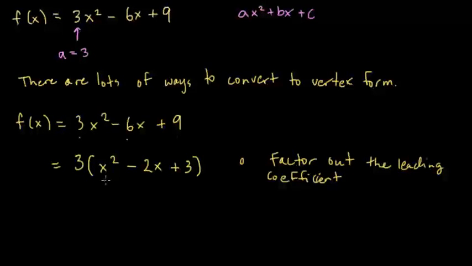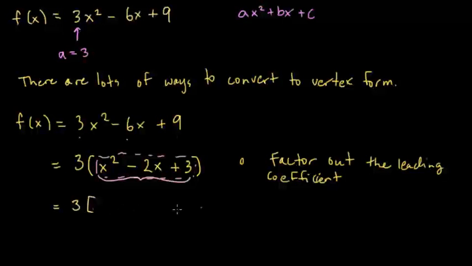Now, take a look at what's going on inside these parentheses. Isn't this just a nice simple quadratic function where the leading coefficient is 1? So what I want you to do is complete the square on this inside portion and just carry the 3 along for the ride. And here's how I would like you to do this.